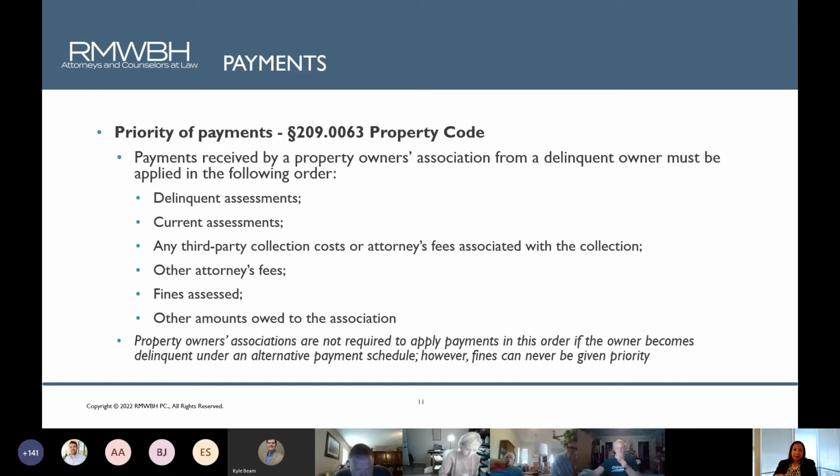A couple of caveats, obviously, always as it relates to the law. One, and this is really what I was talking about, you don't have to accept that partial payment. You can return that partial payment, which is a double-edged sword.